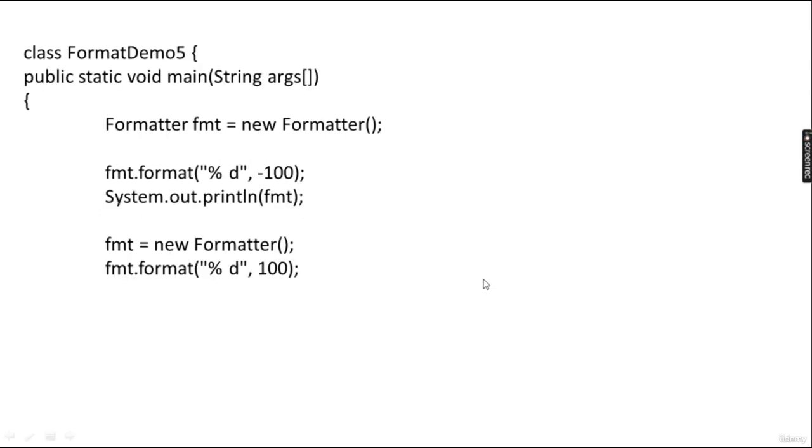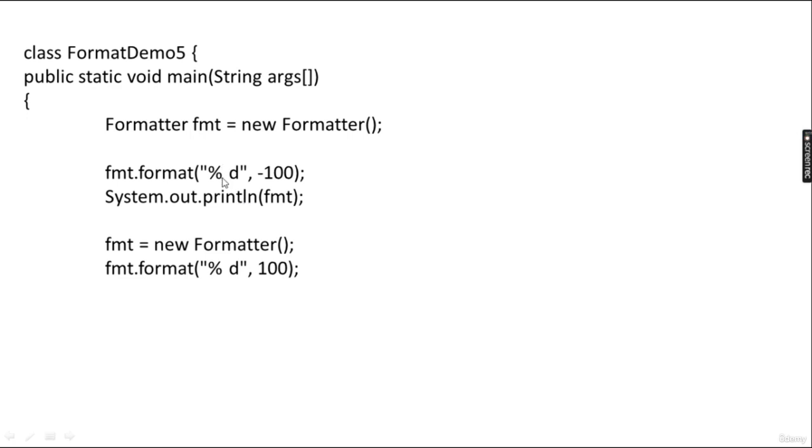Let's demonstrate the space flag now. A Formatter object is created, with minus 100 and %space d. That minus will be placed at the accurate place so that they can be formatted in a column-wise output. So 100 and 100 will be lined up in a formatted manner.